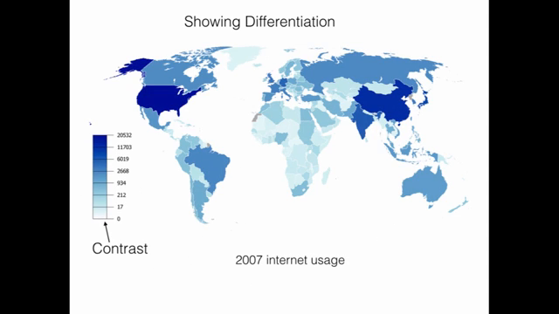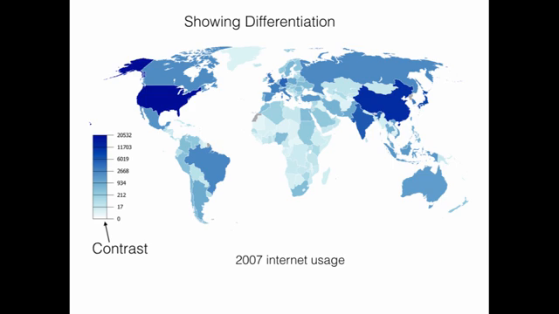Now if we move on to this map, here we are seeing the internet usage of all the countries in 2007. On the left hand side you can see that we have a contrast, and by the use of the contrast as a fill, we are separating the countries who have more internet users from the countries who do not.